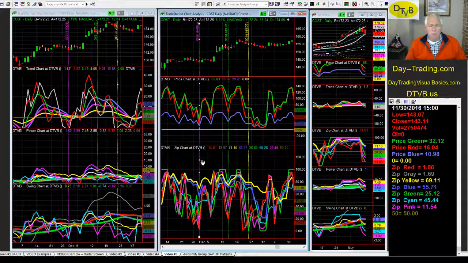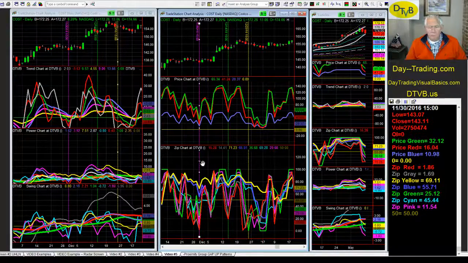Just like it's more important for the Zip Pink and Swing Zion, and the three price lines are all price barometers. When we watch price barometers, and we watch Zip Green and Zip Zion because they're buyers moving in and out of the market, Zip Pink, in its relationship to Zip Green and Zip Zion, for example, has a lot of impact or ability to recognize some key market force changes.